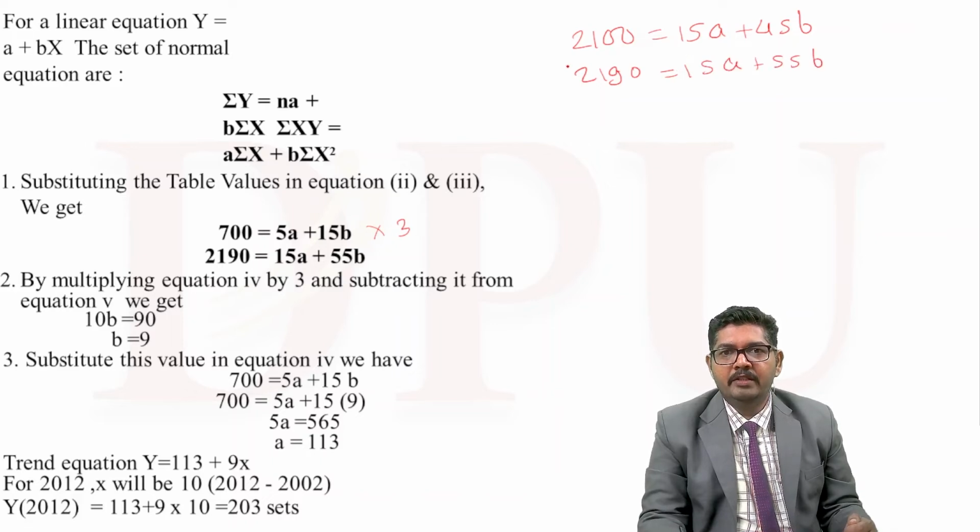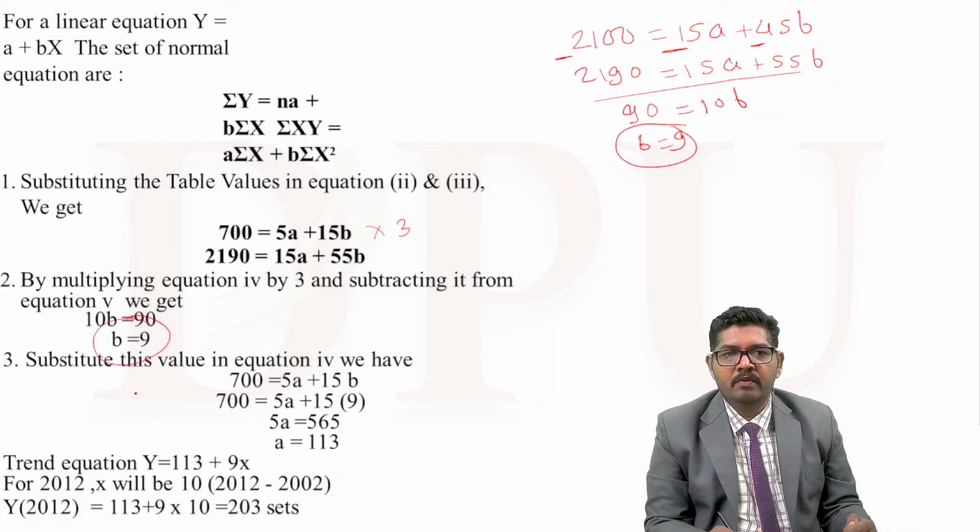Now I will subtract this equation, that is 2190 minus 2100, 15a minus 15a, 55b minus 45b. This will give me 90, right? 15a minus 15a is 0, and 55b minus 45b is 10b. So b will be equal to 9. So we got the value of b.